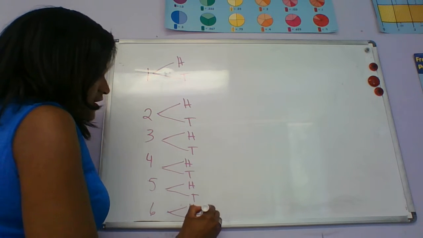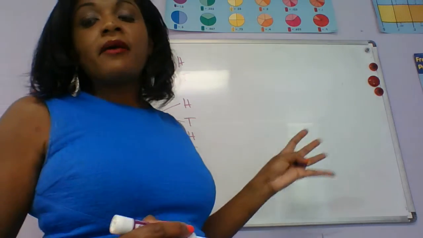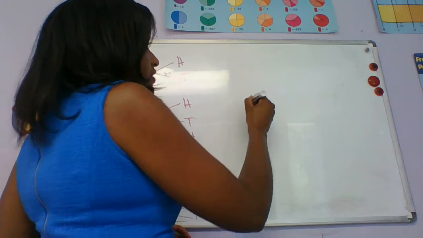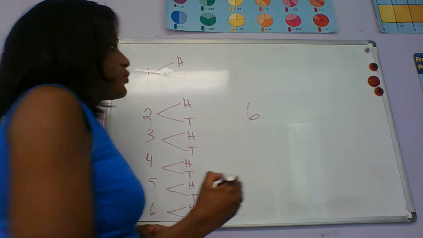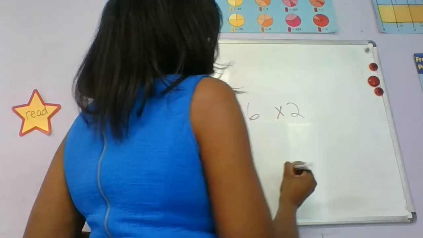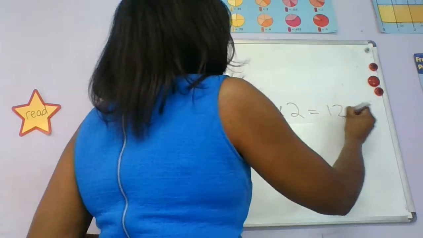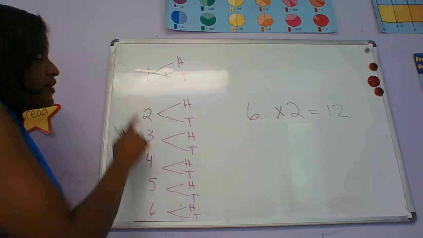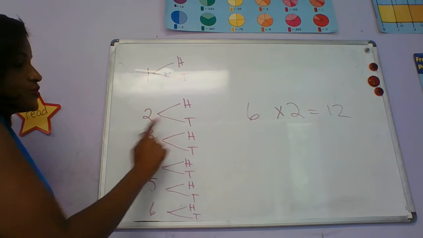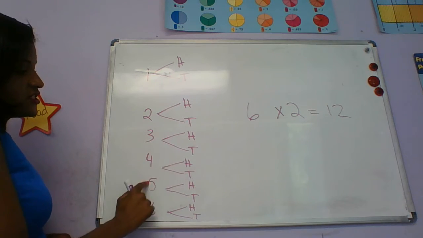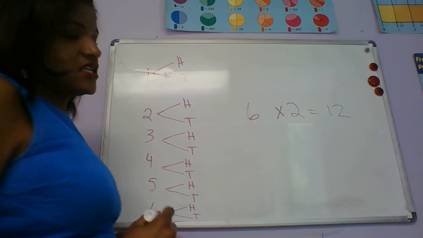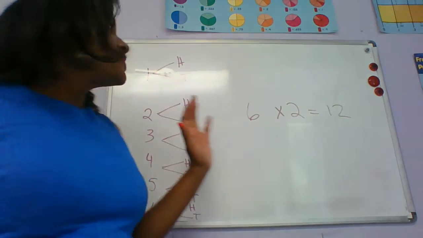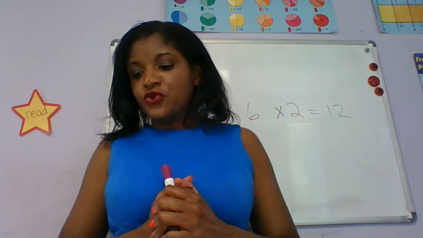That wasn't so bad to create a tree diagram, but we know that when you throw a die, you have 6 possible outcomes, and when you flip a coin, you have 2 possible outcomes. 6 times 2 is 12. And right here we can see we have 1, 2, 3, 4, 5, 6, 7, 8, 9, 10, 11, 12. 1H, 1T, 2H, 2T, 3H, 3T, 4H, 4T, 5H, 5T, 6H, 6T. So you can use that tree diagram or the fundamental counting principle to see how many possible outcomes you have.